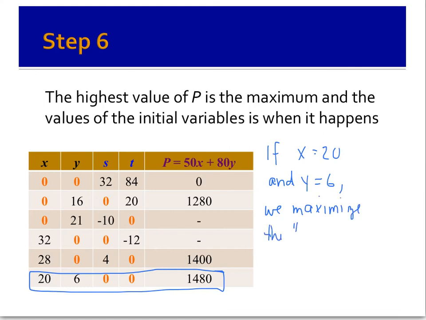And again, profit will depend on the context. You maximize the profit at 1480. And so this is the same answer we got by graphing, but now you have a different way of getting the same answer. And then on Thursday, we'll go over another method to do this called the simplex method.